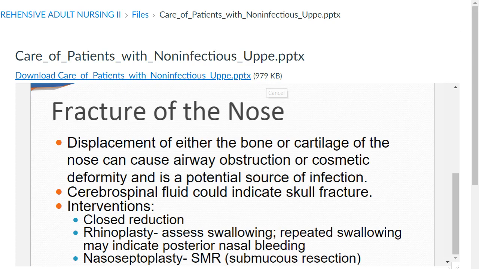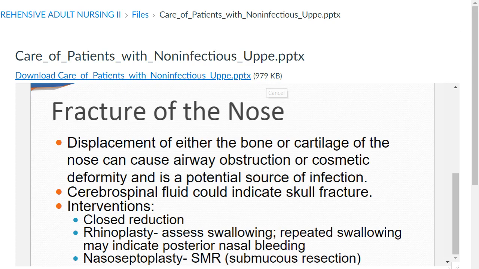Obviously, assess vital signs, particularly watching the blood pressure and heart rate to see if the patient is having some type of posterior nasal bleeding, and we can detect that if we see the patient really swallowing a lot, because that's an area that we're not going to be able to control, and the patient's physician or healthcare provider needs to be called immediately. It's an emergency, and they will have to get in there and intervene aggressively to prevent that bleeding.